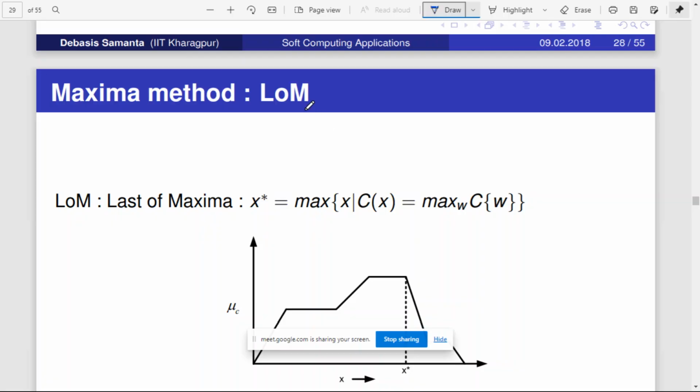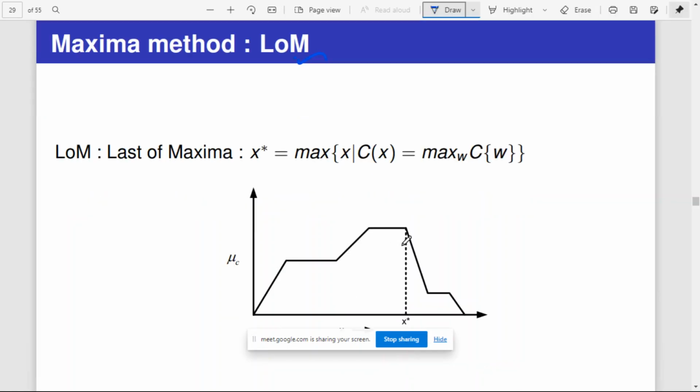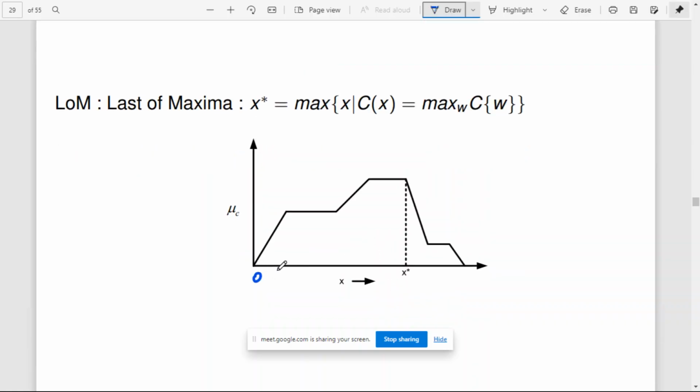And the next method is called LOM, last of maxima. It is quite the opposite. If there is more than one value of x producing the highest membership value, then out of all those x's you pick the last x value. Say, for example, here again, if you number the x as 0, 1, 2, 3, 4, 5, this may be 6 and this may be 8.